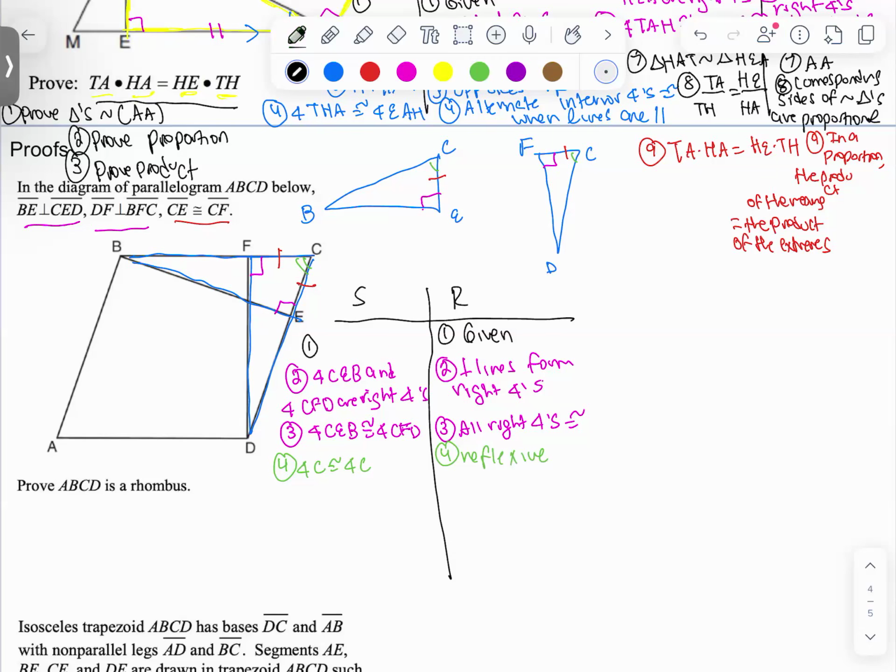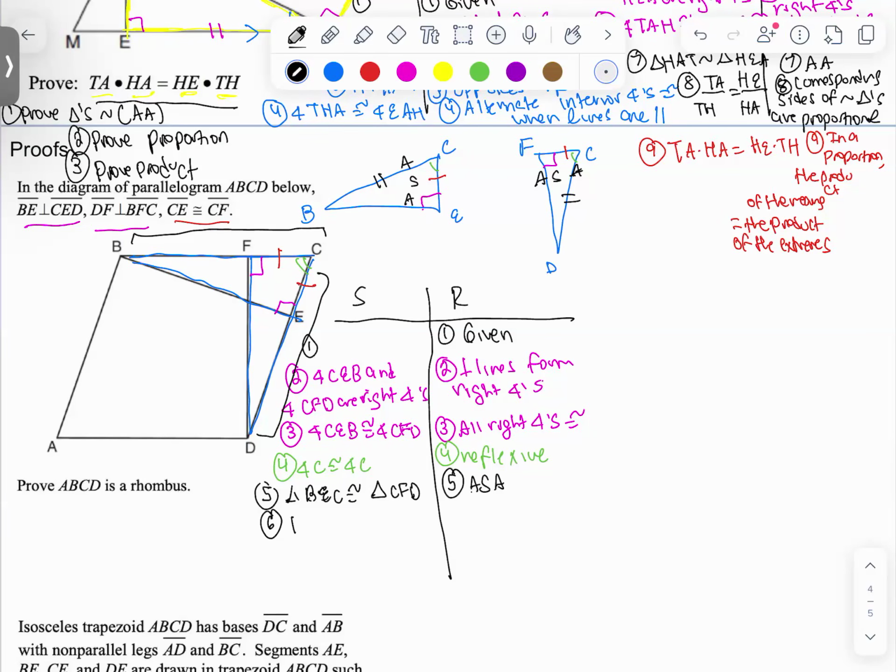So what we have here is angle, side, angle to prove the triangles congruent. Triangle BEC, sorry, my pen is being weird today, is congruent to triangle CFD. And that's by angle, side, angle. Now, as we discussed in the beginning, now we can CPCTC, BC and CD, which are the sides that we wanted.